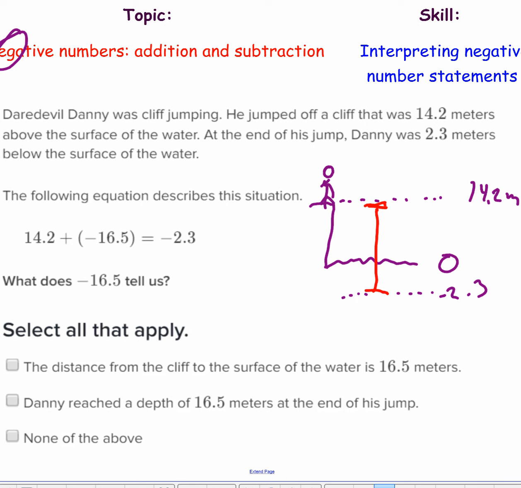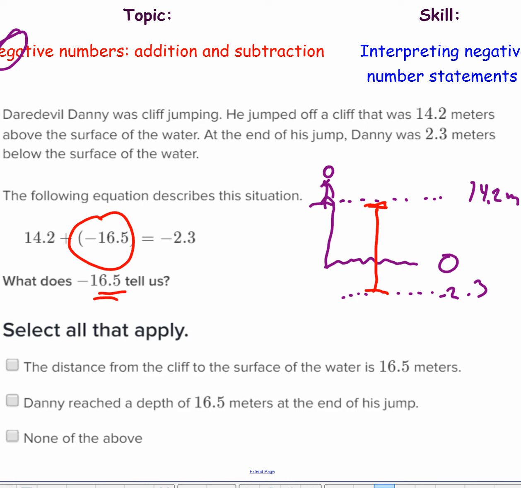And if you think about it, not just the distance, it's a negative, means he went down. It should make sense because 14.2 is to here, plus another 2.3 that he fell, gives us a total distance of 16.5, but he traveled not a negative distance, he traveled in the down direction. So what does the negative 16.5 tell us?